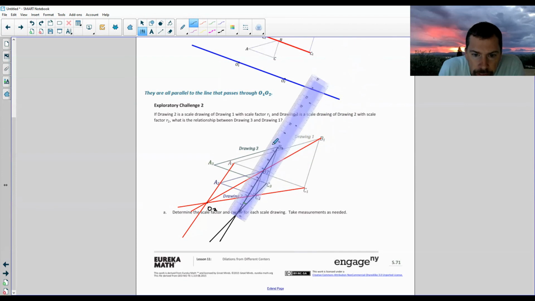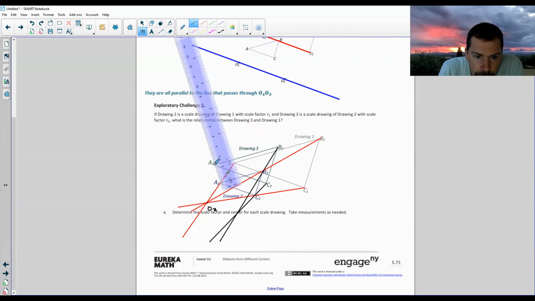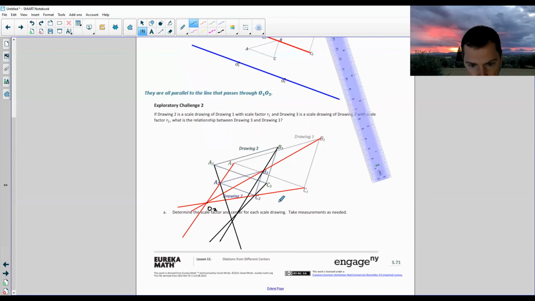And then finally A2 to A3. Okay, so these are way off. They should cross at the same location. So did I do something wrong?